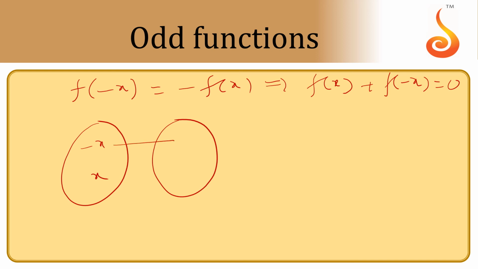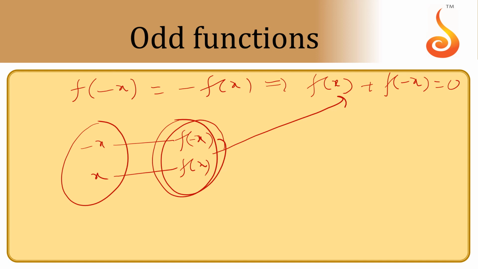Then their images, this is called f of minus x, this is called f of x, these two sum is also 0. Means images are also additive inverses of each other. Then such functions are called odd functions.